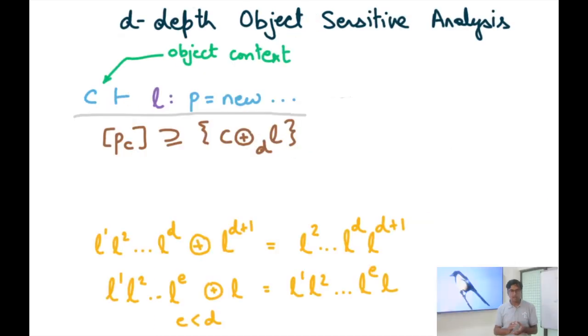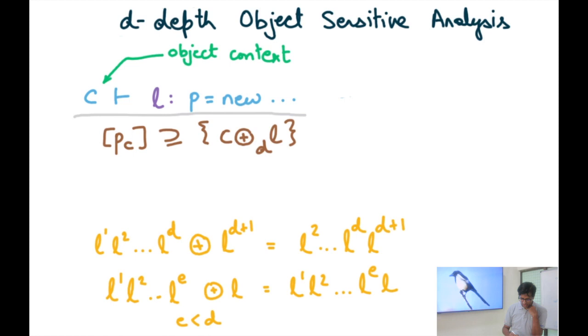Now, I just want to finally wrap up the discussion by saying that so far we are considering a one-depth object-sensitive analysis. It's easy to generalize this to a D-depth object-sensitive analysis, where instead of updating the points-to set of PC using L when I see an allocation statement, I'm going to have this operator called, let's say, concatenate with D bound, written as circled plus subscript D, such that depending on D, it's going to take only the most recent, the top D allocation sites.